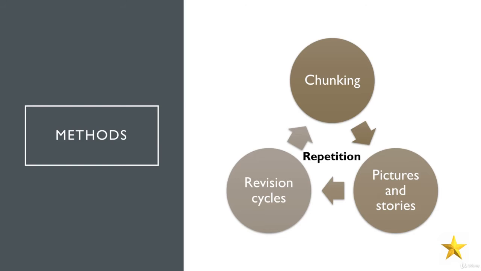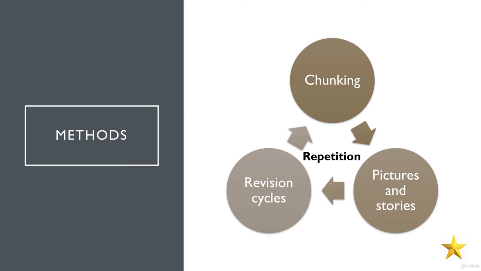There are three main methods we're going to consider to improve memory. One is called chunking, in other words, grouping information into natural groups of shared common aspects or qualities. Secondly, using pictures and stories. We humans are story machines. We love stories. They lend meaning.